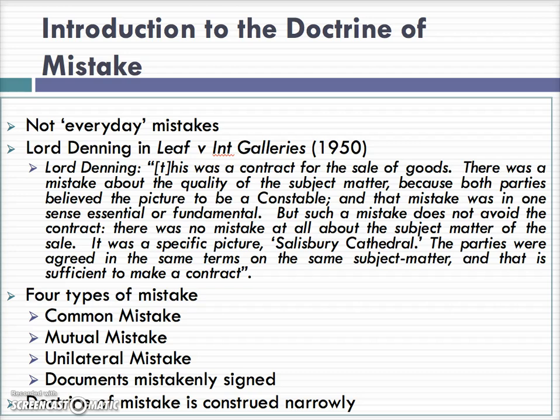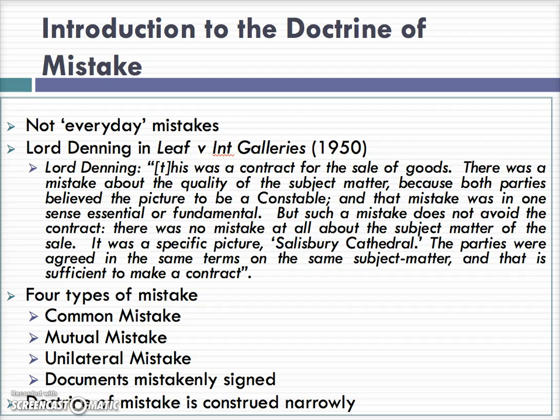Now, what happened in Leaf was that a buyer bought a painting, and the painting was of a cathedral, Salisbury Cathedral, and both the buyer and the seller genuinely believed that the painting was by a particular painter called Constable. It turned out many years later that the painting was not painted by Constable.